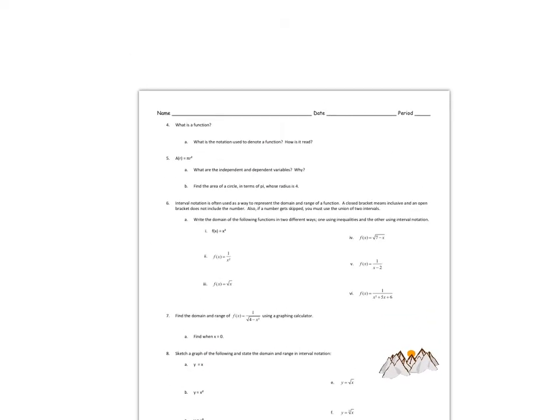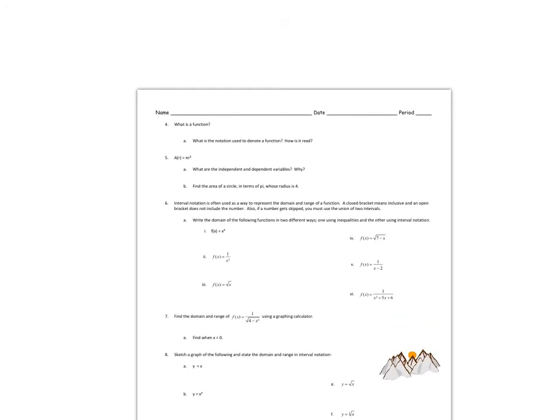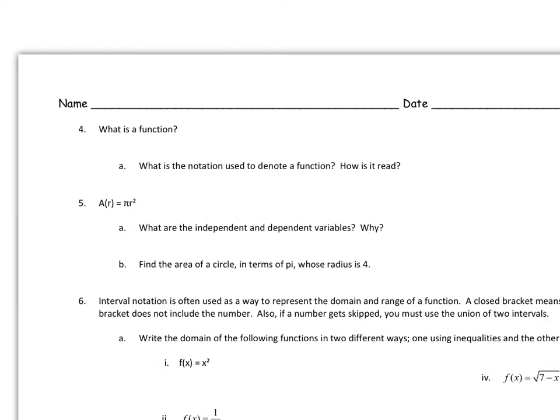Number 4. What is a function? Just a reminder that a function means for every input, there's exactly one output. So I'll just say input yields exactly one output. Or for every x, there's only one y.